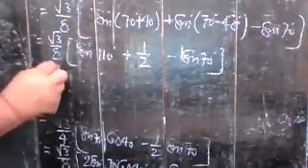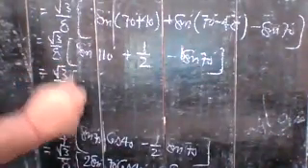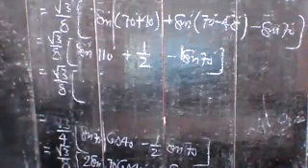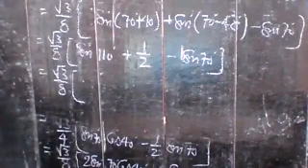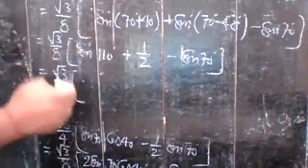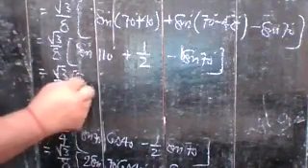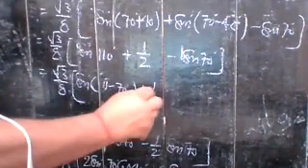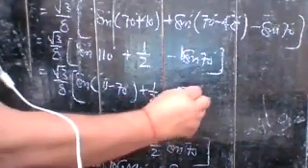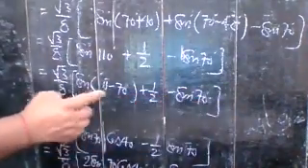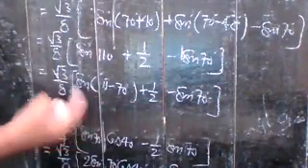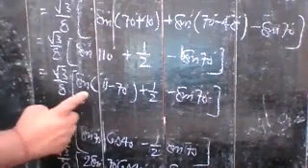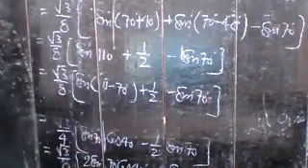Now that is equal to root 3 upon 8 into, sine 110 can be written as sine pi minus 70 degrees, where pi means 180. So in place of 110, you can write sine pi minus 70 degree plus 1 by 2 minus sine 70 degree. And sine pi minus x lies in the second quadrant, and in the second quadrant sine is positive. That's why here you can write sine 70.